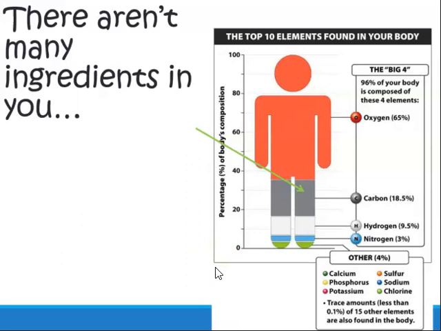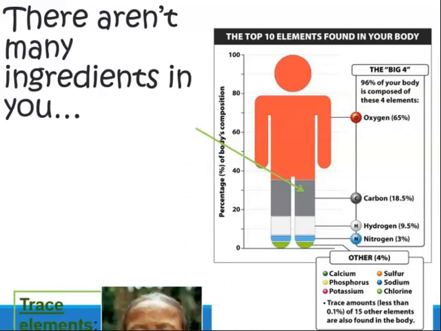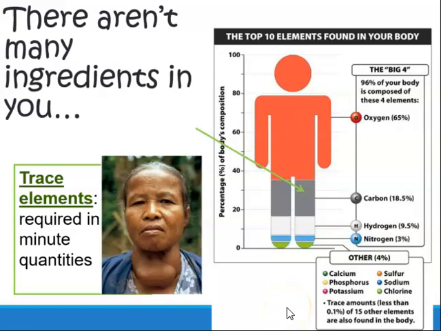And we also have what's known as trace elements. These are trace amounts, less than 0.1%, of 15 other elements found in the body. So for example, we have iodine. Iodine is a trace element that is important in the formation of thyroid hormone.